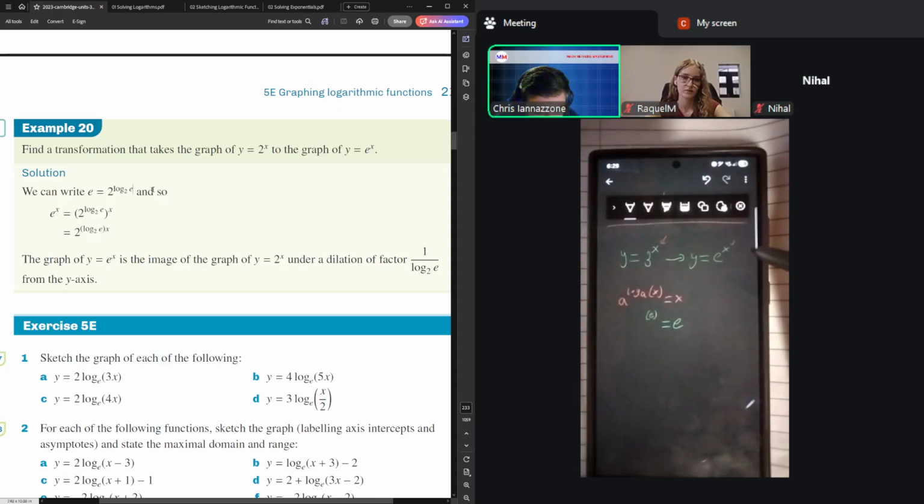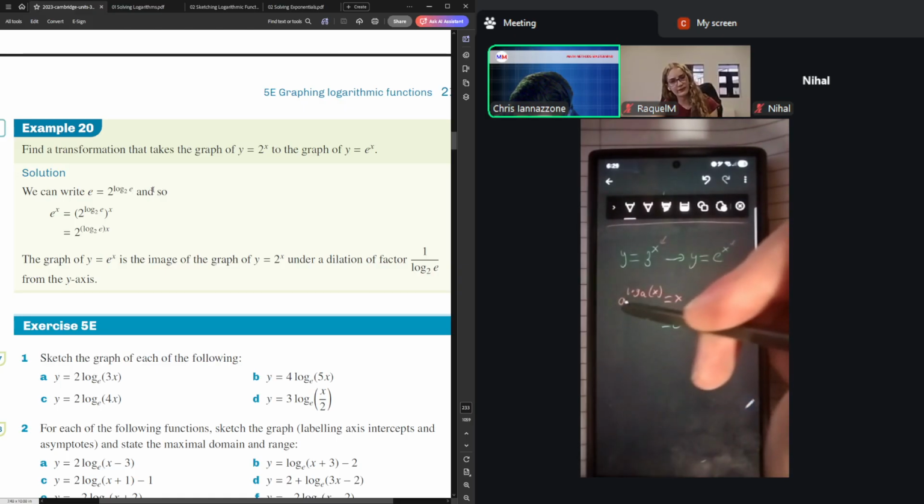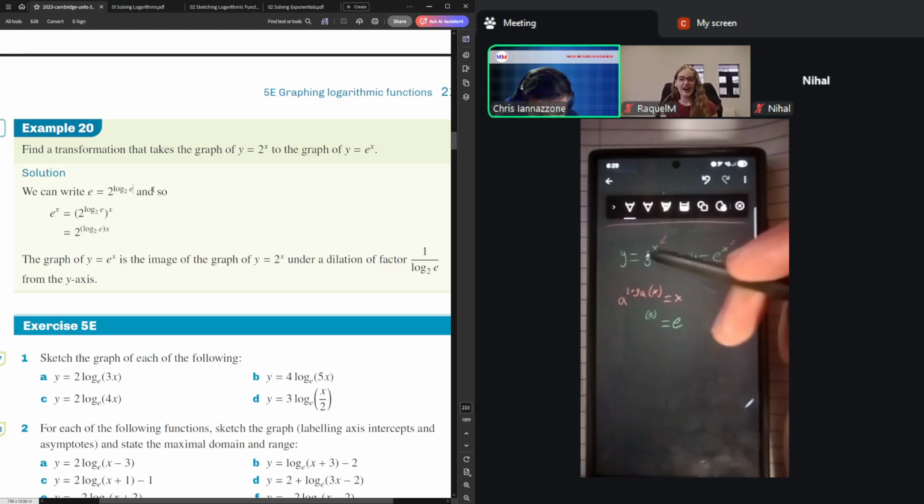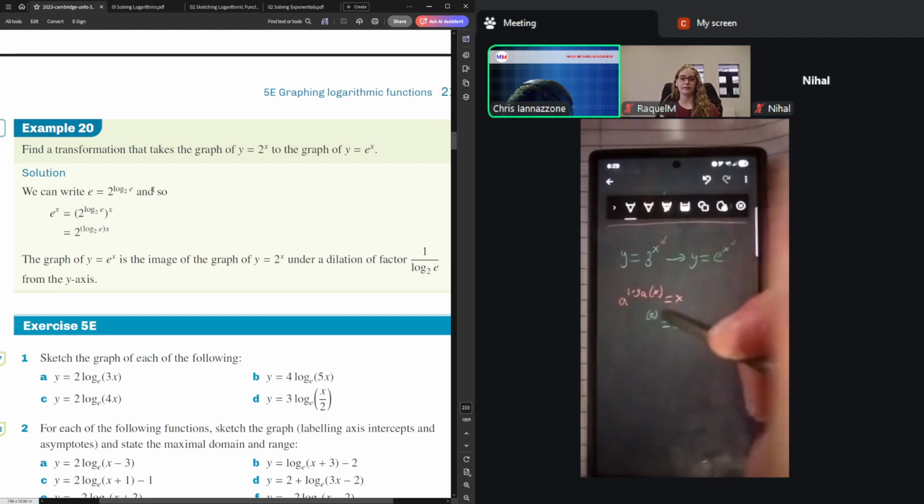Now the good news is A, we can actually choose to be whatever we want. And so because A is a base, in both the log and in the exponent, we can now choose that as 3 in this case because that will make it match the thing we want to actually have.